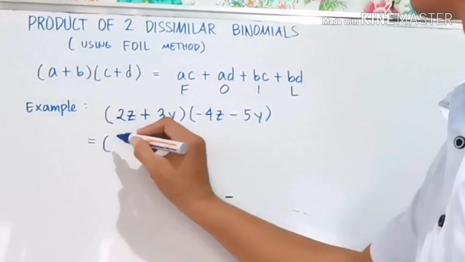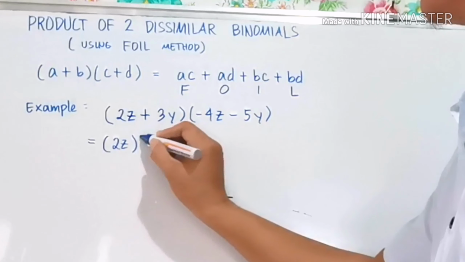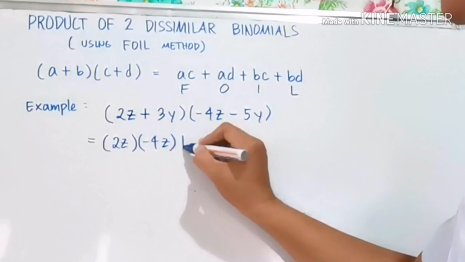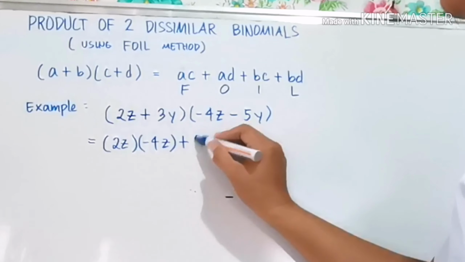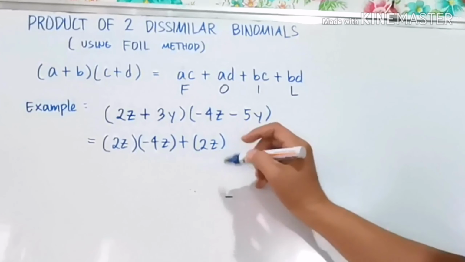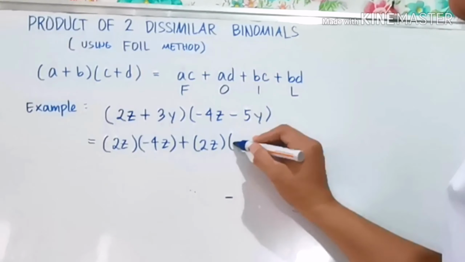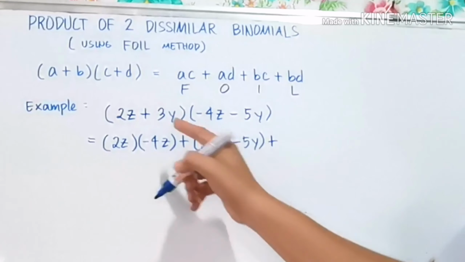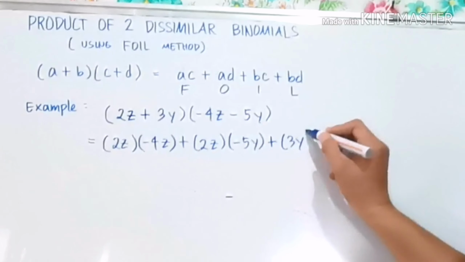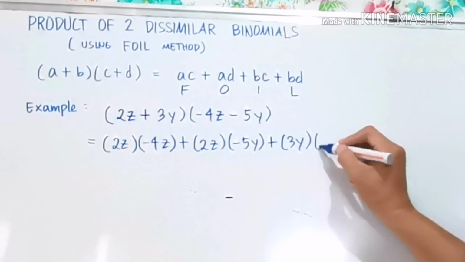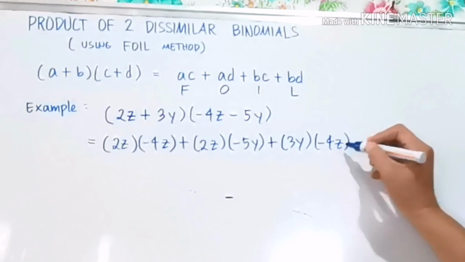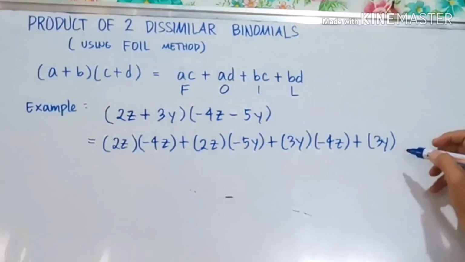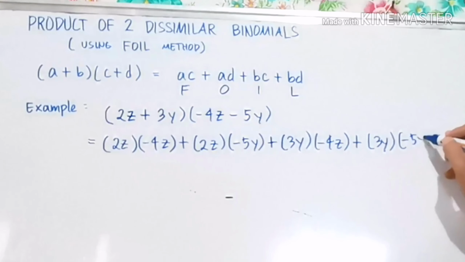First, you multiply 2z by the first term, which is negative 4z, added to 2z multiplied by the value of d, which is negative 5y, added to the value of b, 3y, multiplied by the value of c, which is negative 4z, and the last one is 3y multiplied by negative 5y.